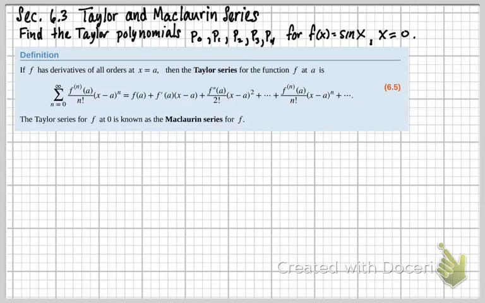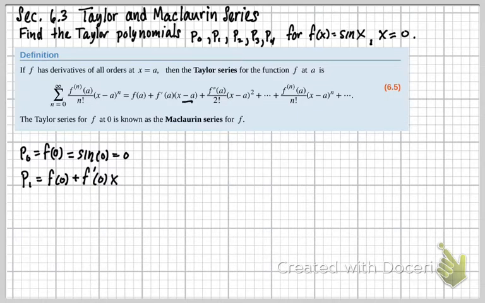So there it is. My P naught, or P0, would just be my f of 0. So sine of x, so sine of 0 would equal 0. So P naught is just 0. That's my first polynomial. So then my P1 is just going to be f of 0 plus f prime of 0 x.